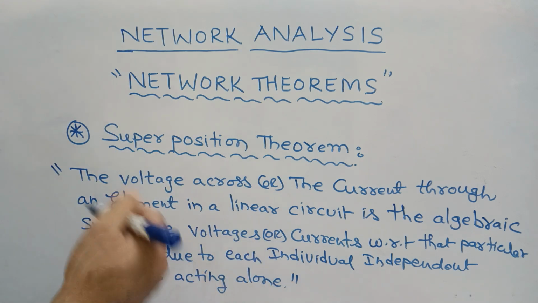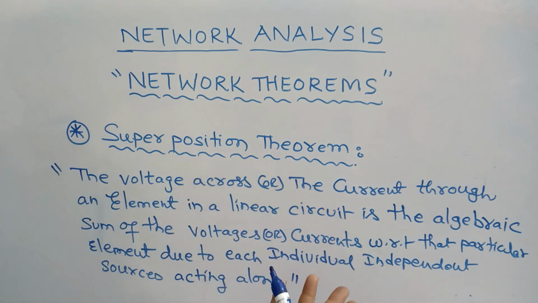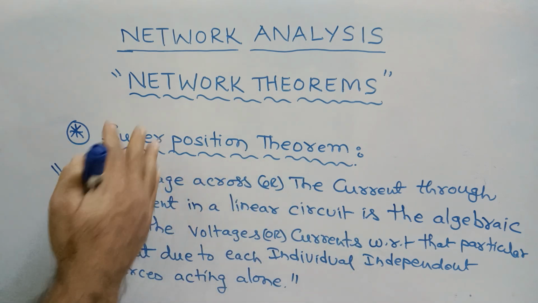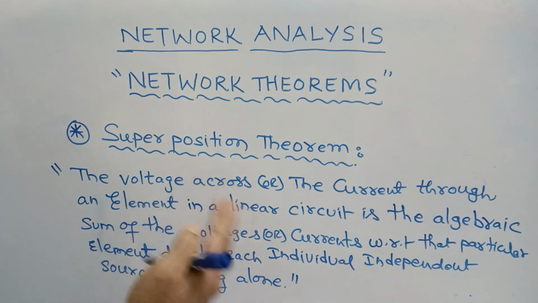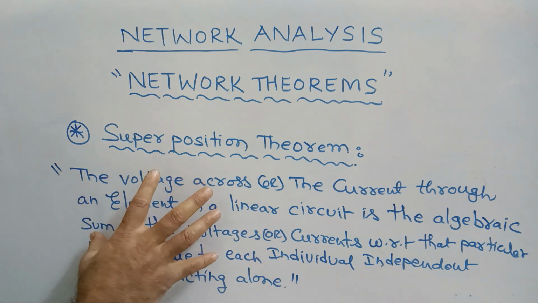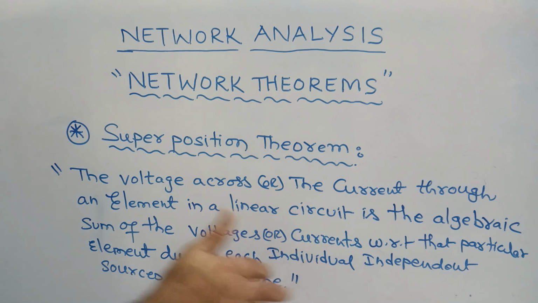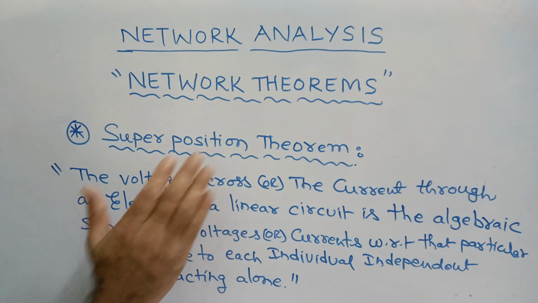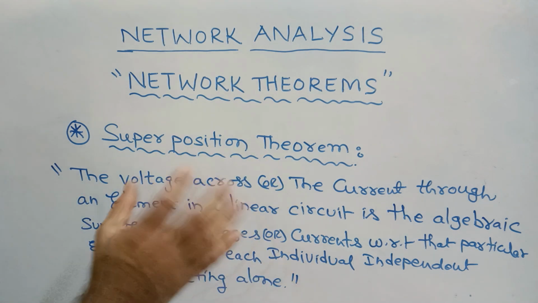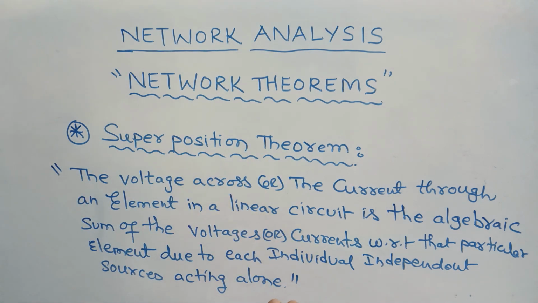They are nothing but voltage sources and current sources. They do not depend on any other element of the circuit. Those are called independent. So you may have different voltage sources or current sources.